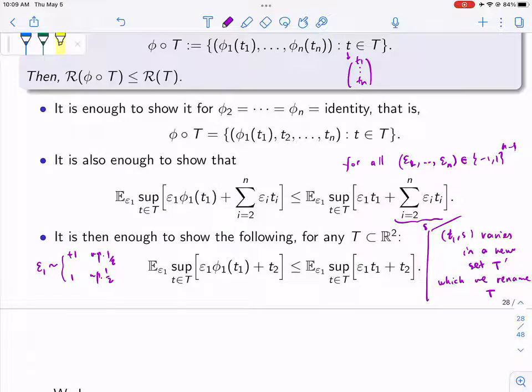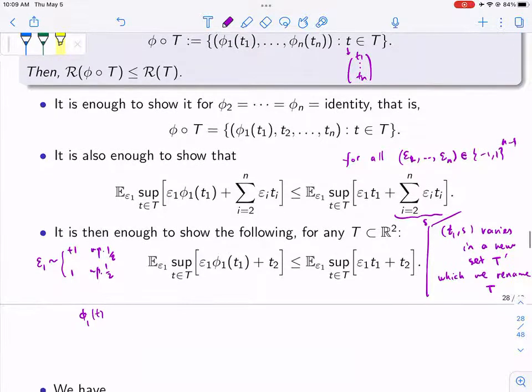Phi 1 is 0, so my center has phi 1. So whenever you find that it actually equals phi 1.